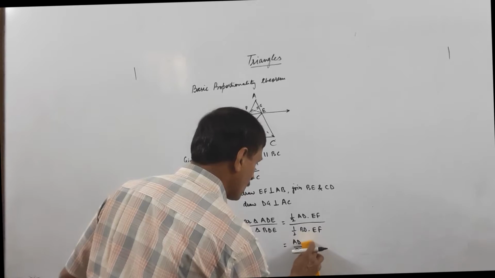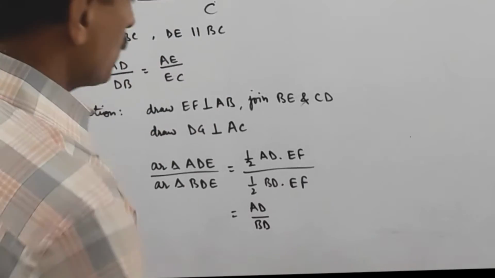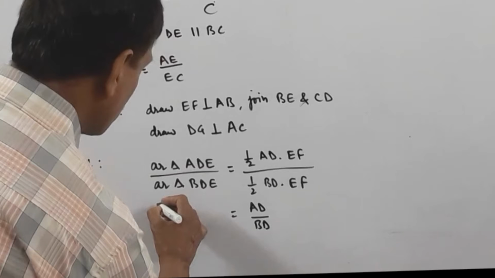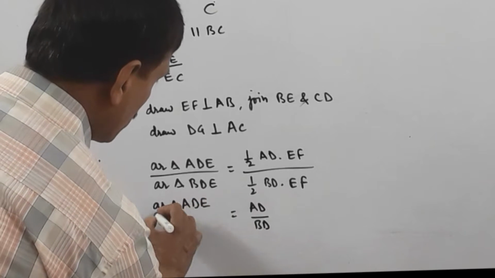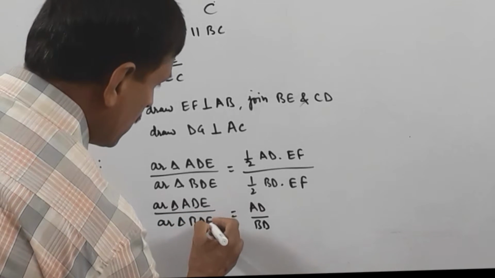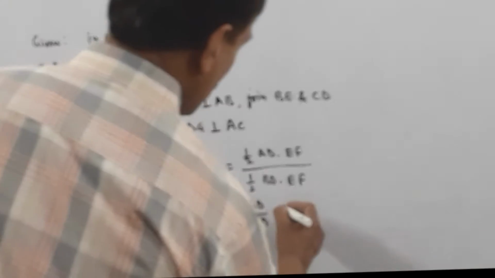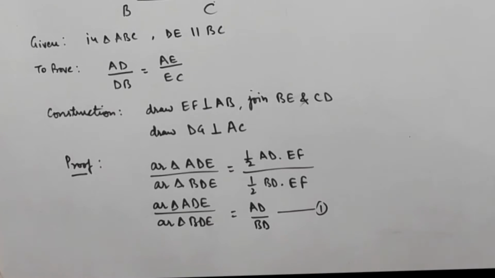Therefore, half is cancelled and EF is cancelled. So area triangle ADE upon area triangle BDE is equal to AD upon BD. This is one.